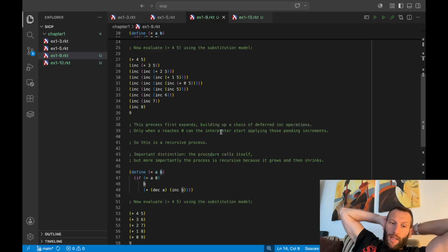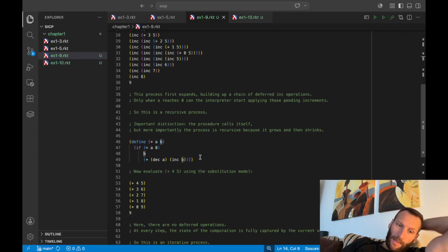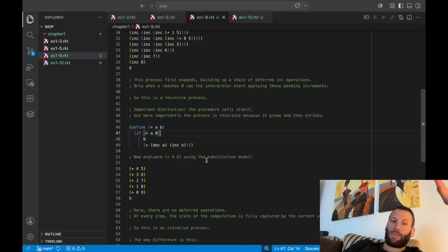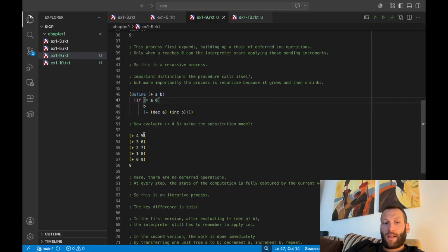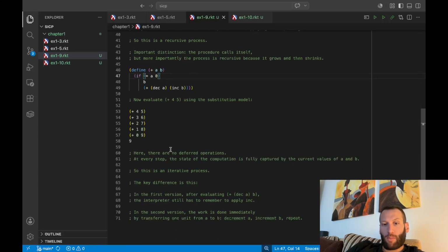Instead, if we look at the second definition, that is this one from line 46 to line 49, and we evaluate plus 4 5 again using the substitution model, we see that there is no expansion and there is no contraction. There are no deferred operations, and at every step, the state of the computation is fully captured by the current values of A and B. So this is an iterative process.